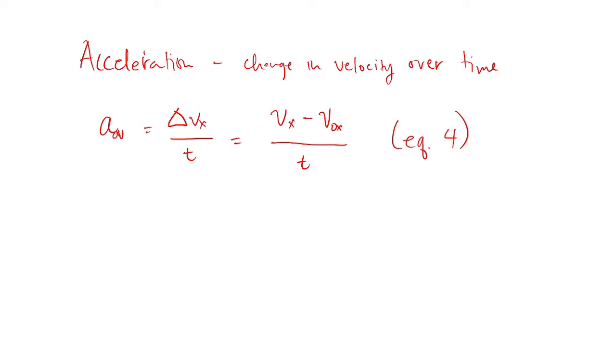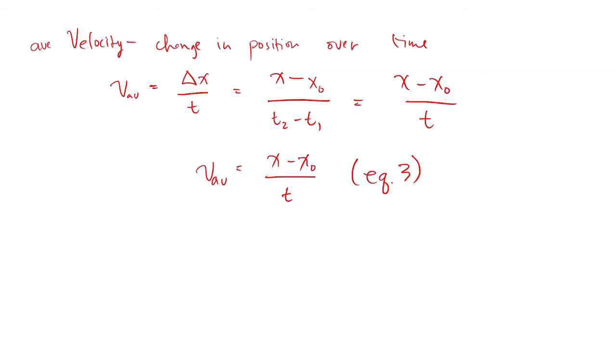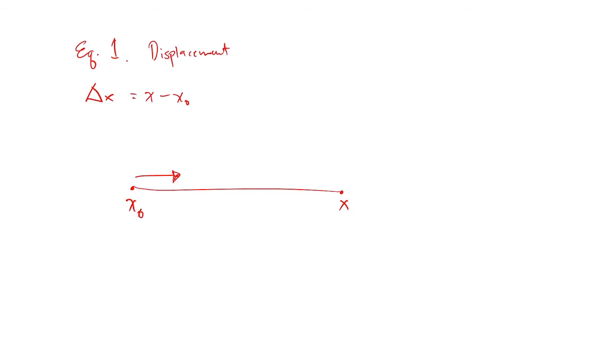So that is the four basic equations that we need to talk about when we are studying motions in a straight line. So first, we have there our displacement, which is simply the change in the position. So we have there x minus x naught, where x is our final position and x naught is our initial position.